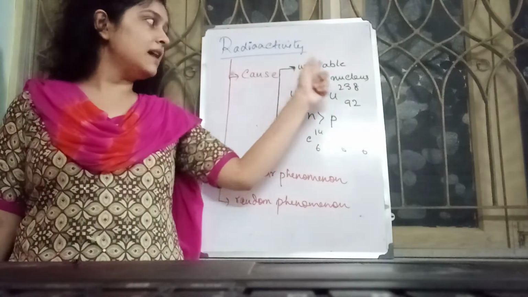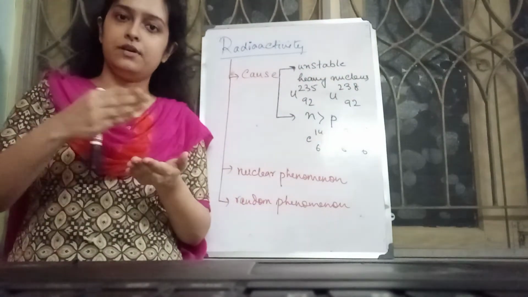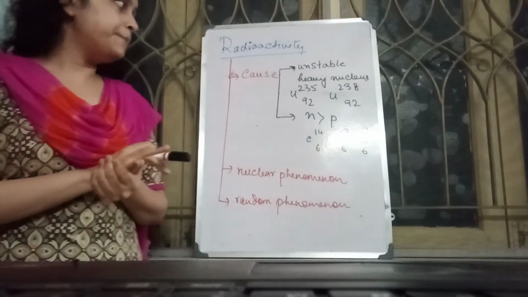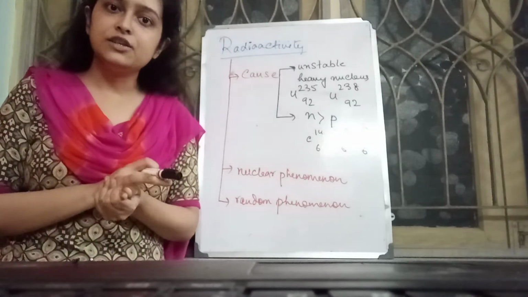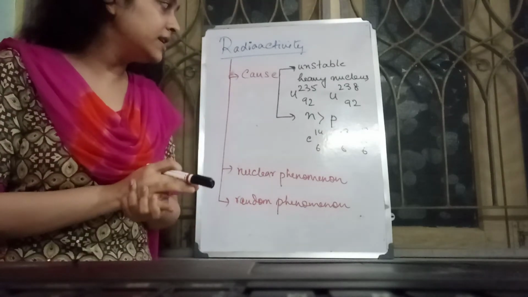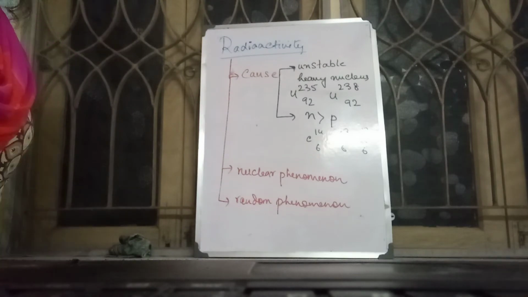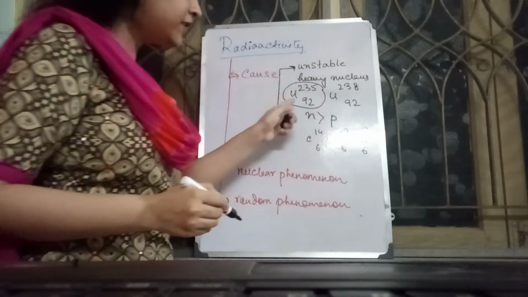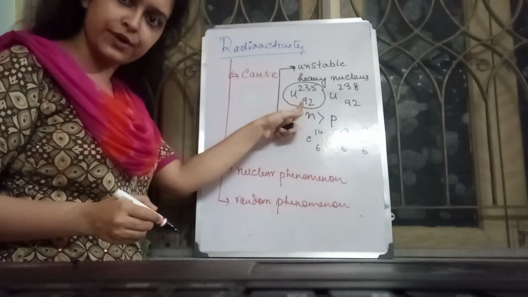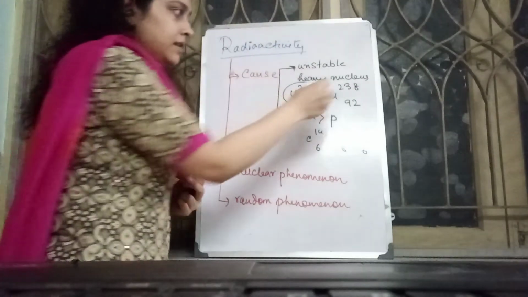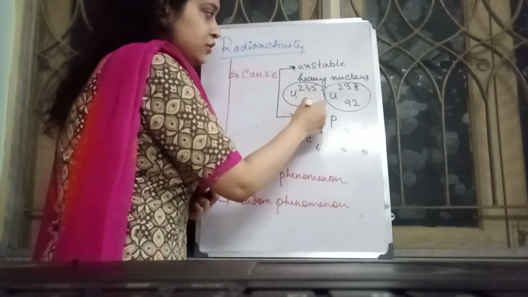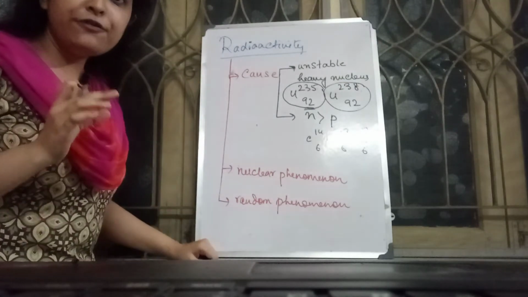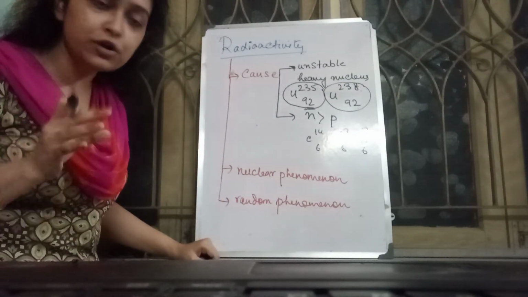So basically, these unstable heavy nuclei emit radioactive rays and exhibit radioactivity. Now, for example, see this one. This is after atomic number 82, after lead in the periodic table. Here also, the number of neutrons, see, 235 minus 92 and 238 minus 92, is very high compared to the number of protons.